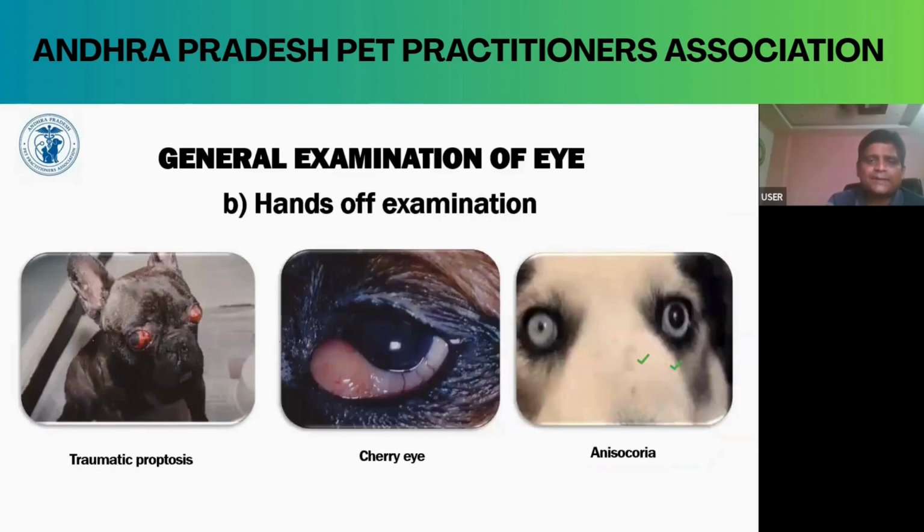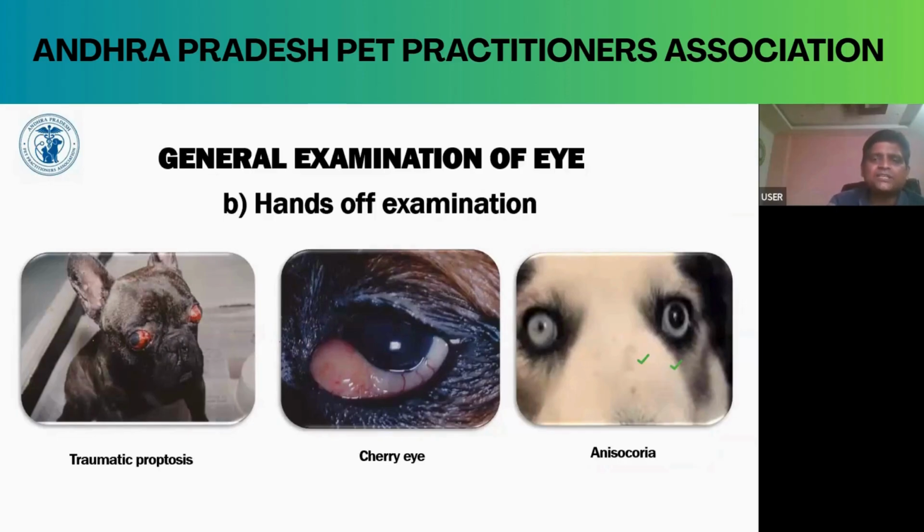So for the hands-off examination here, whenever you put the pet on the table, we will not hold the dog or the pet. We can see these cases clearly. For example, in the first image, you can see the traumatic proptosis, which is nothing but the pushing out of the eyeball from the orbital socket. These are generally of traumatic origin, or sometimes it might be due to retrobulbar space-occupying lesions.